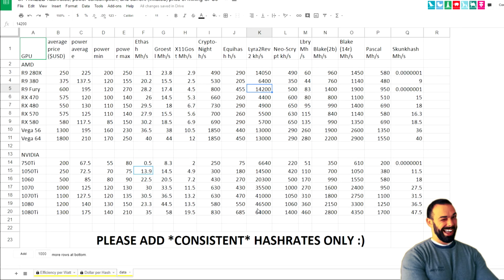Down in NVIDIA, you'll notice that hash rate is bested by the 1050 Ti. A $250 card is better than a card at any price from AMD. Think about that. An $1,800 card will not outperform a $250 card.